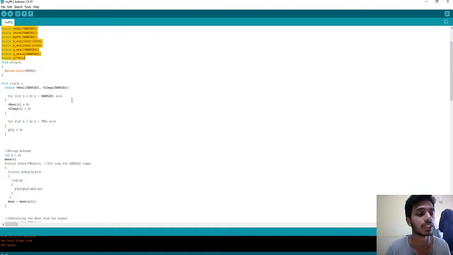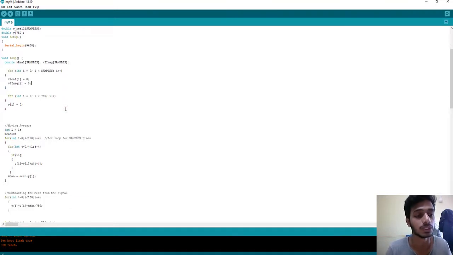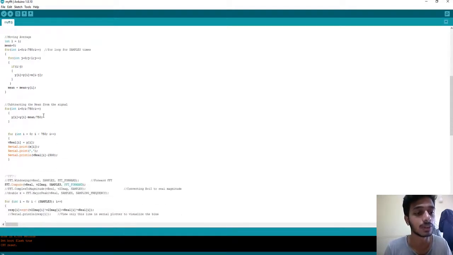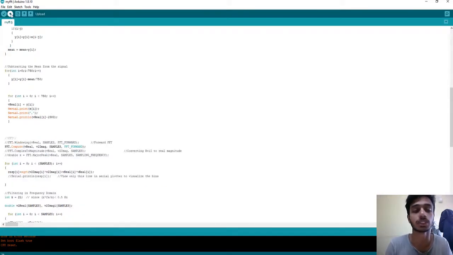So let's get started. Initially, we are initializing everything to 0. This will be followed by applying a moving average filter on the signal in order to remove the high frequency noises, as told earlier, followed by mean removal. These are the pre-processing steps which are mandatory in order to remove unwanted noises. Now let's plot the input signal and even the smoothened signal.